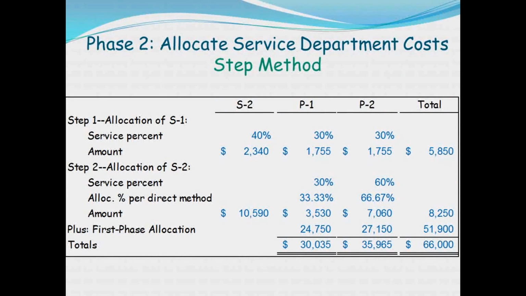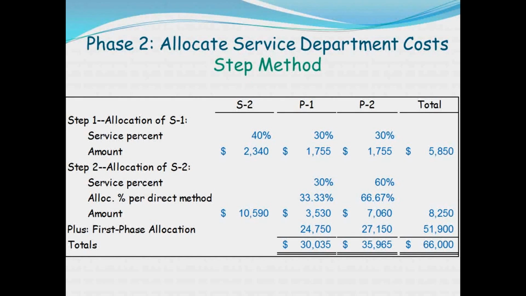So you have this 8,250 and you have that 5,850. So the first step was to allocate service department 1. You have to allocate out this 5,850 to the other three departments at 40, 30, 30. So 2,340 went to service department 2.